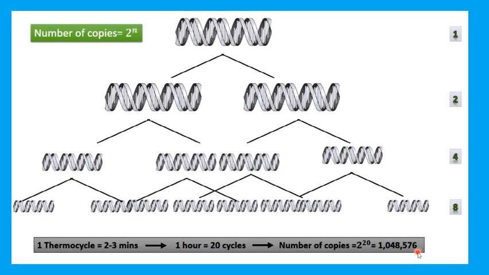According to the equation illustrated in the figure above, the number of copies of the DNA sequence equals 2 power n, where n expresses the number of thermocycles of PCR. Such a lot of copies can be used in cloning of sequences and other applications, as illustrated in the next slide.